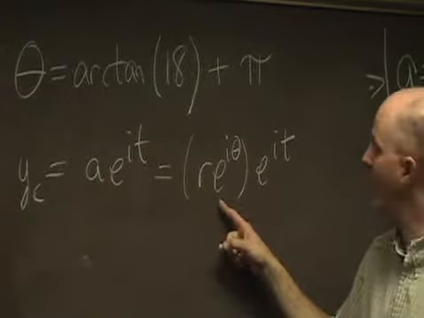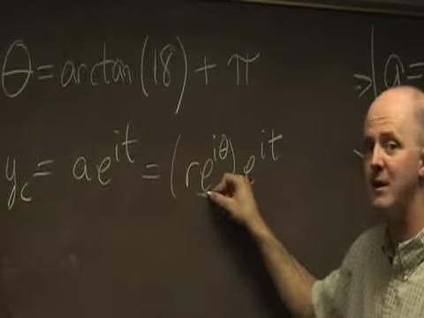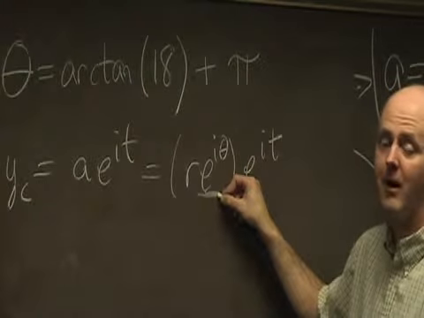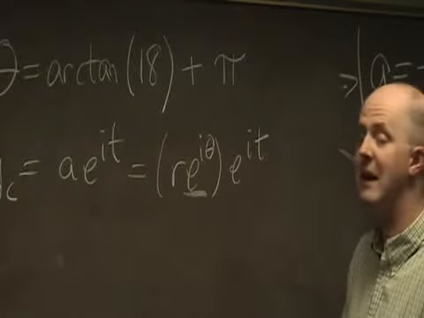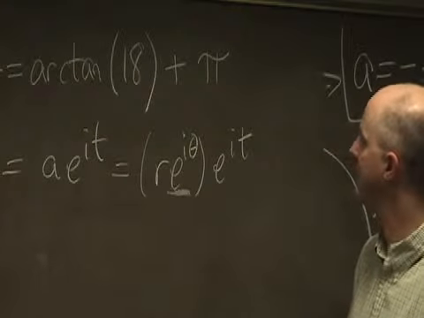Why does this work? Well, I'll let you think about it for a minute. Basically use Euler's formula to write that as cosine theta plus i sine theta, and then use some trigonometry. R cosine theta is x, the x coordinate of the point, and R sine theta is y, the y coordinate of the point. I'll let you think about that.